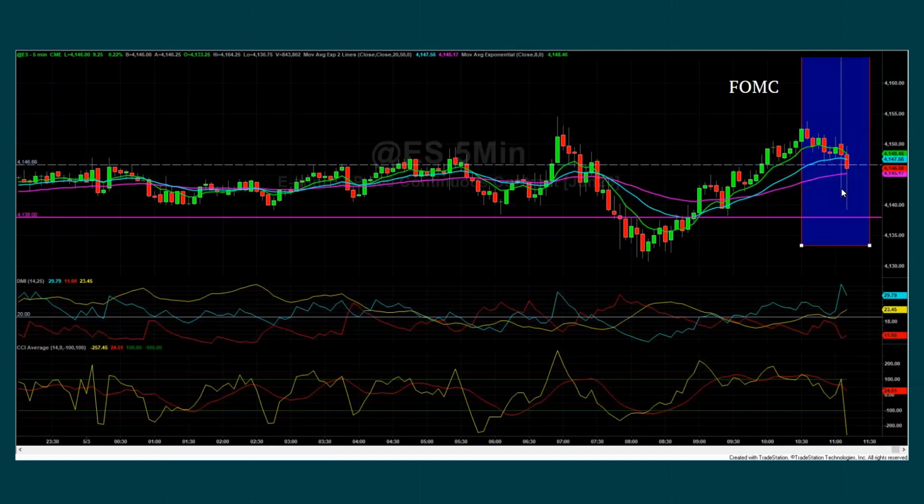This is the first 5-minute bar, and the FOMC is at 11 o'clock West Coast time, or Pacific time. And this is the choppiness. It will get you out both ways, whether you're long or short. It could stop you out and then go in your direction.